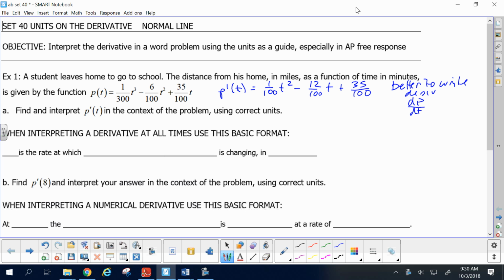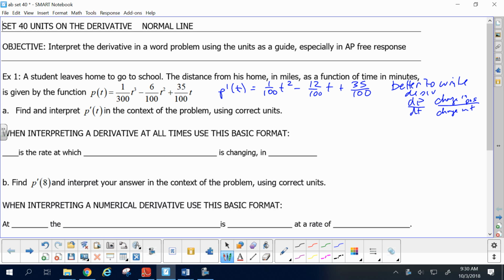So when you go to interpret a derivative, if you write it this way, then it's really just staring you in the face. D is more like the calculus notation for delta, small change. And so it's change in position over change in time.